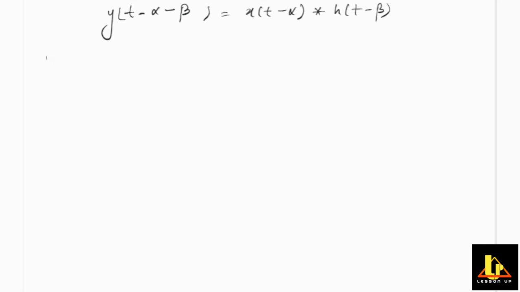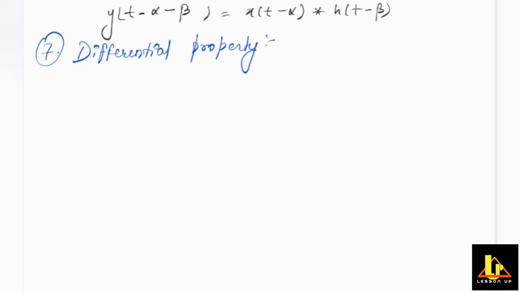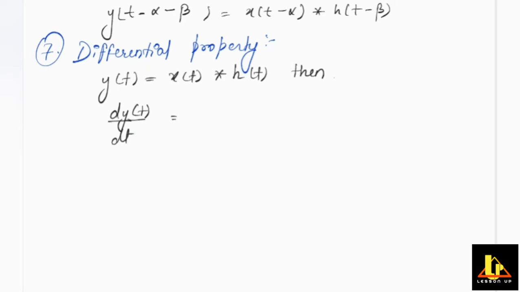Now next property is the differential property. So according to this property, if y of t is equal to x of t convolution h of t, then if you differentiate any term, if you differentiate input or impulse, your output will get differentiated.